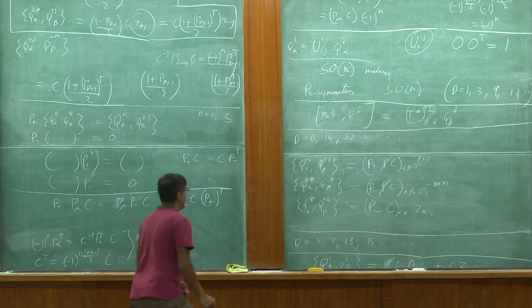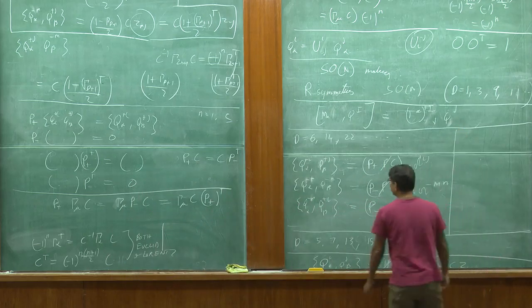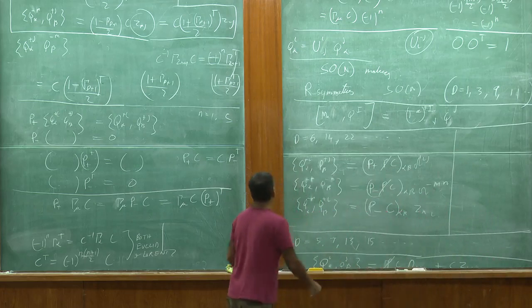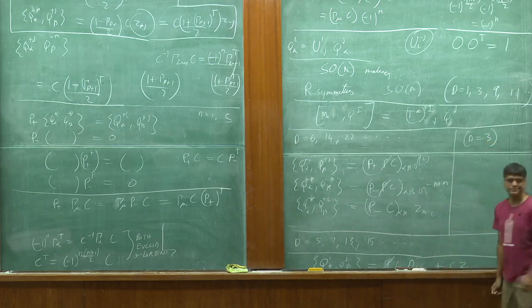Now, once again, n here was equal to 3 or 7 and so on.